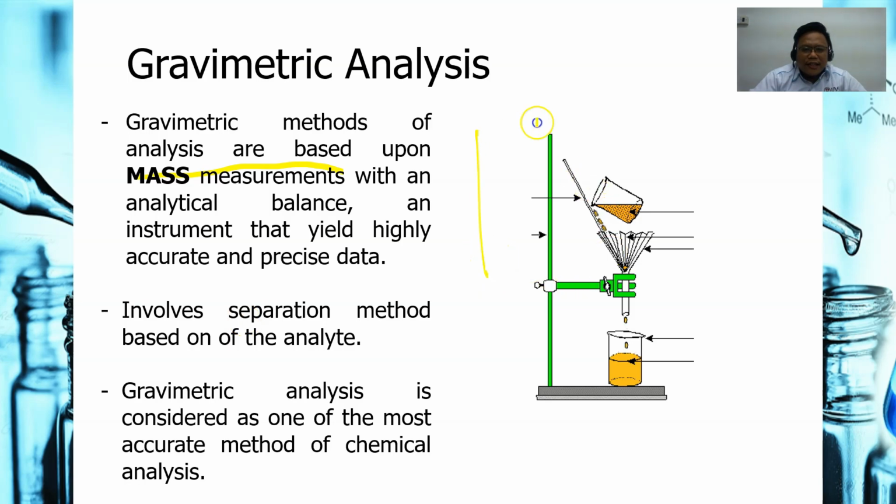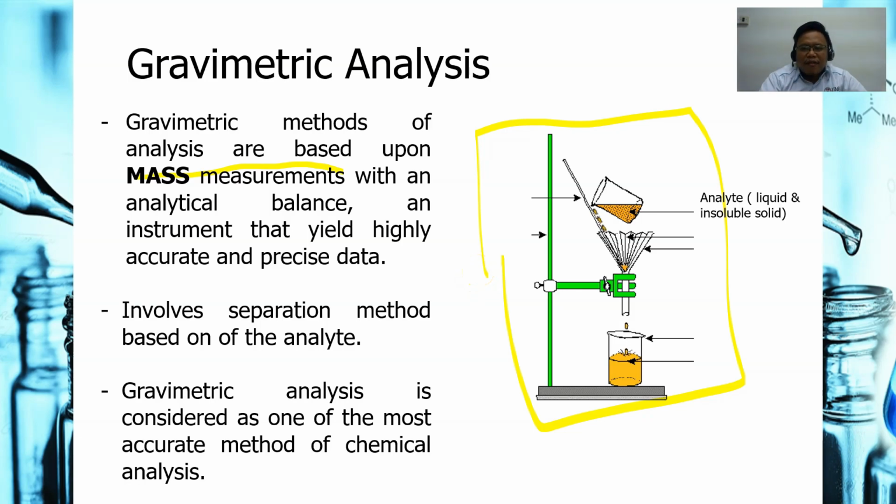So this is the setup of the filtration process. In the filtration process, you must have an analyte which contains liquid and an insoluble solution. When two analytes mix together, they will form a product which precipitates in this solution.